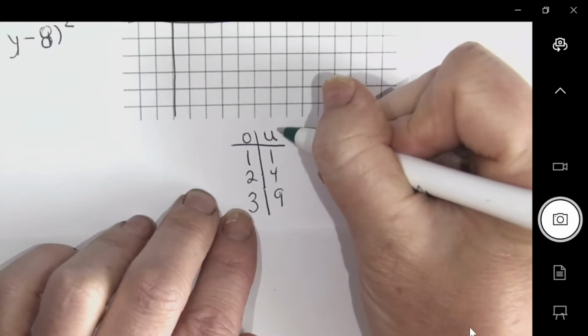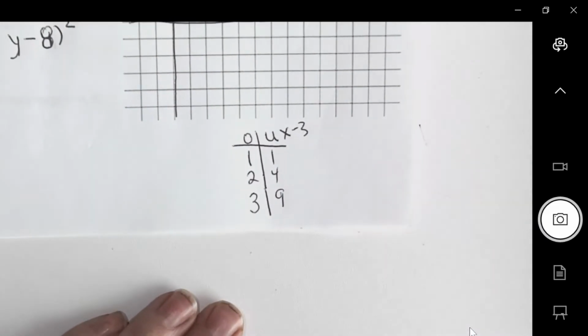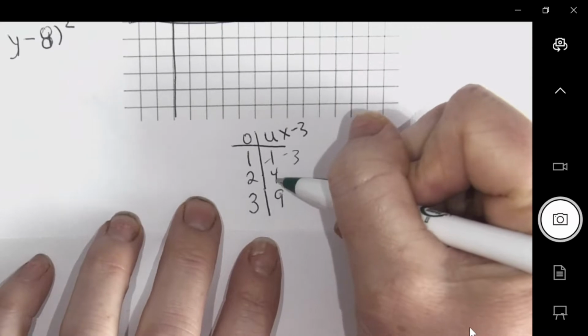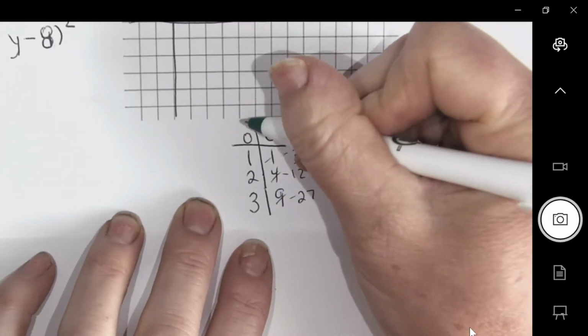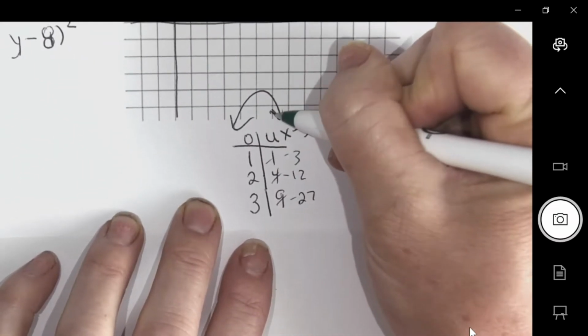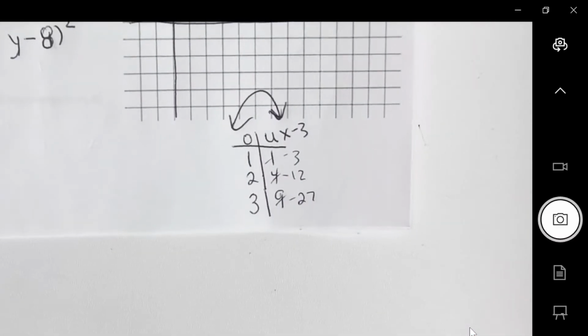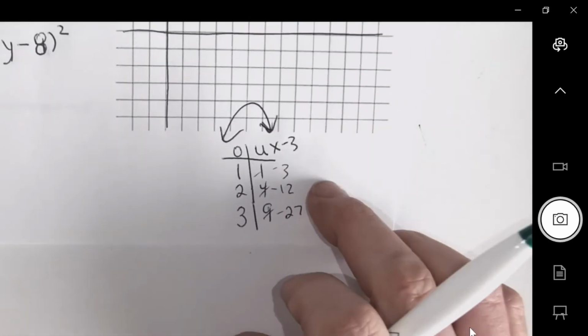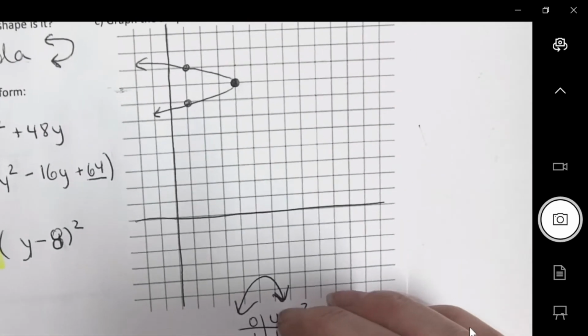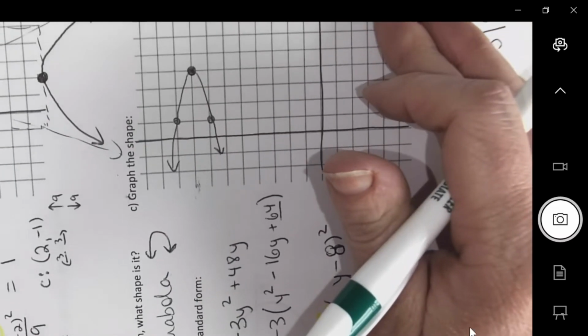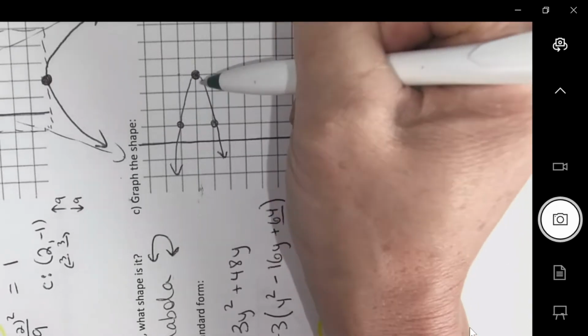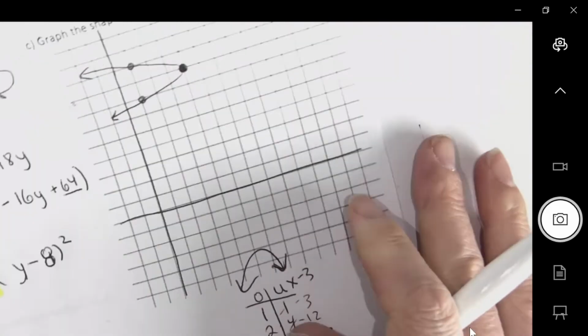So I'm going to times this side by -3. And then I'm going to switch them. Or, because you just know you're going left, and then you could just rotate your paper: 1, down 3.